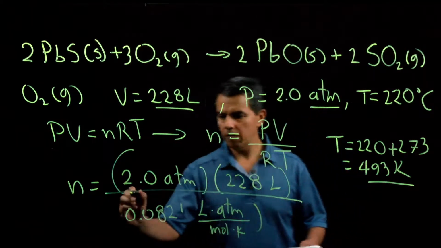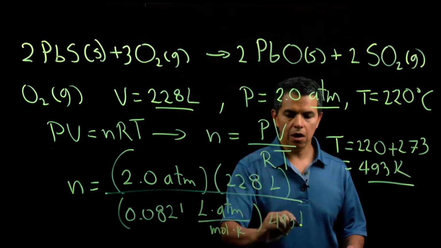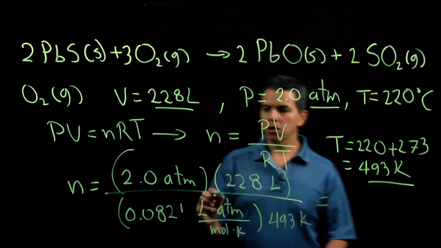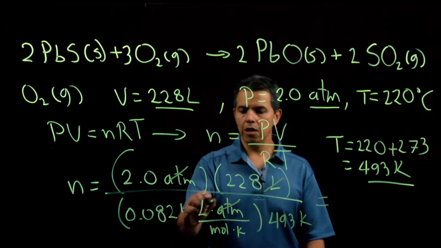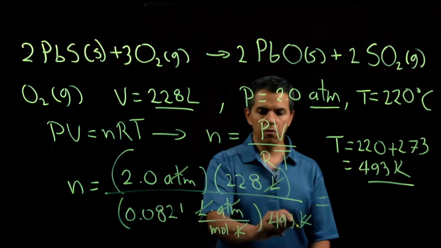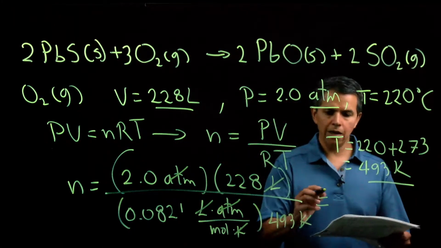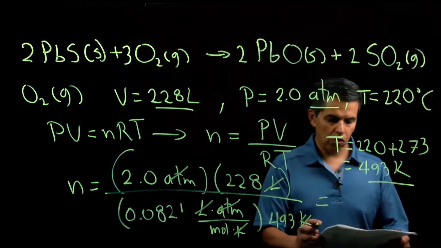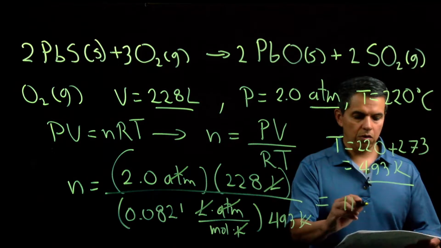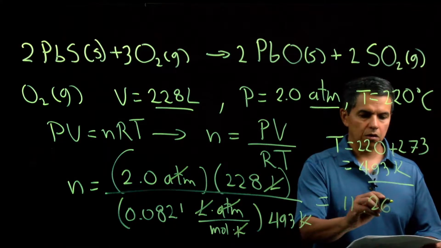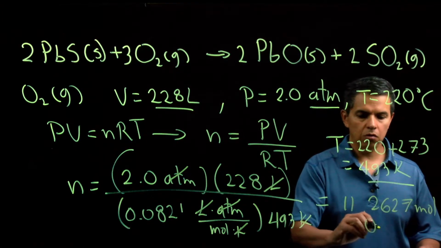And the last term of this is the temperature, which is 493 Kelvin. We can cross out units: atmospheres, atmospheres, liters, liters, Kelvin, Kelvin. And if we do the mathematical calculation, we solve for n, and we get a total of 11.2627 moles of O2 gas.